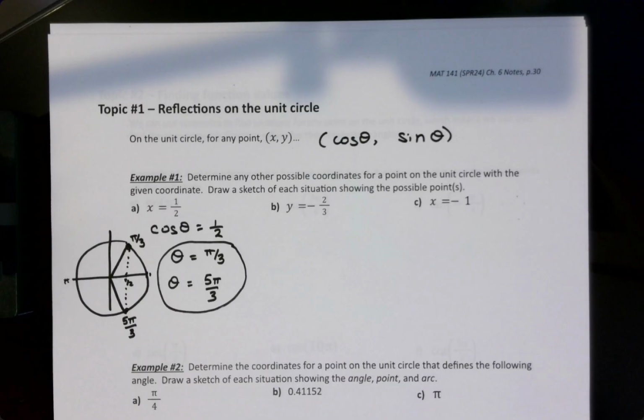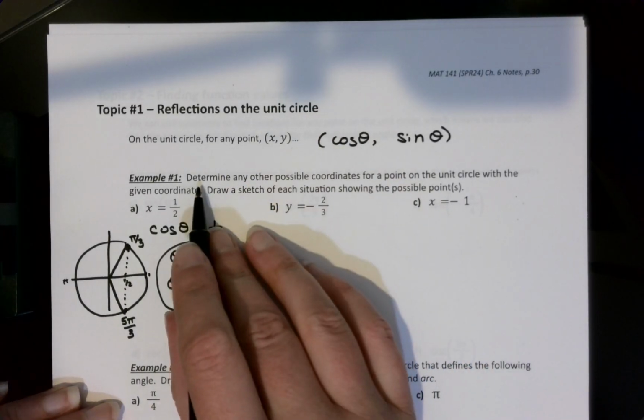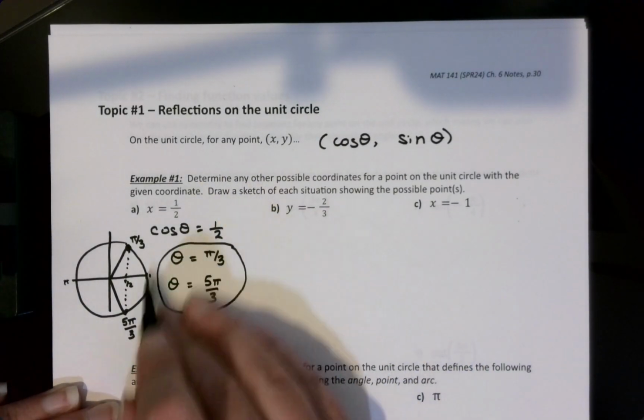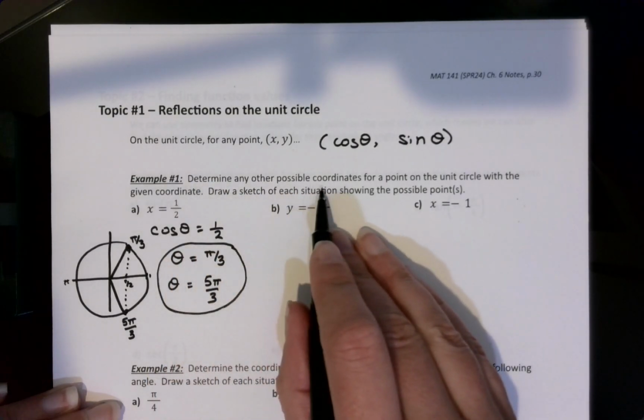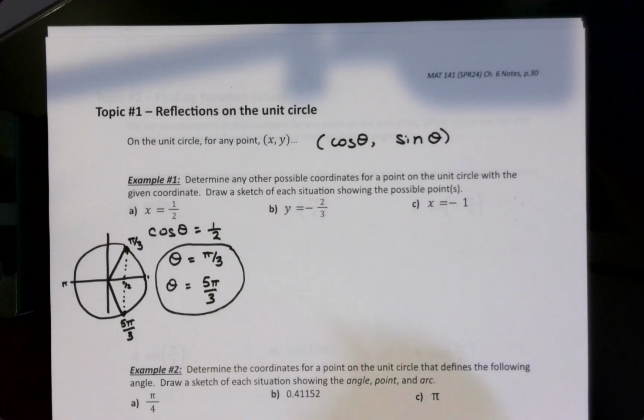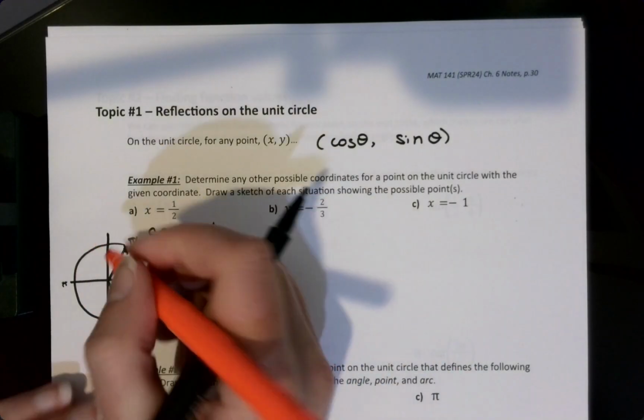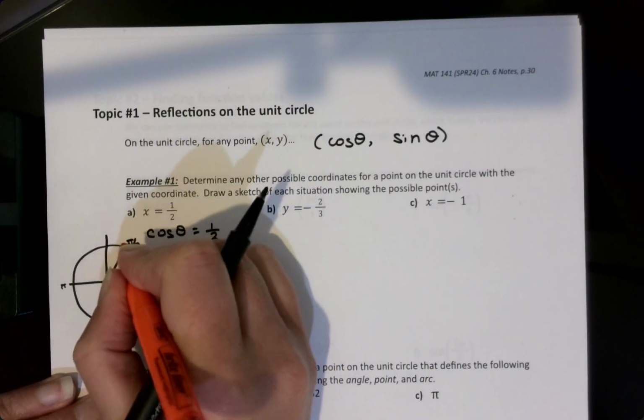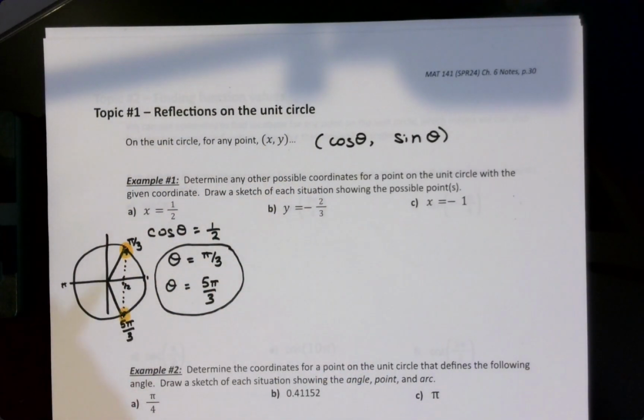All right. Now, my goal right here, I haven't actually finished the goal. That was part of my goal. So determine any other possible coordinates for a point on the unit circle with a given coordinate and draw the sketch. So I actually need to list the coordinates since they were talking about those full coordinates here. So I found the angles, but let's talk about the ordered pair coordinates here.